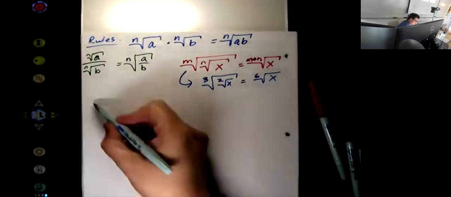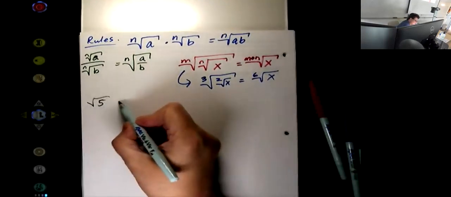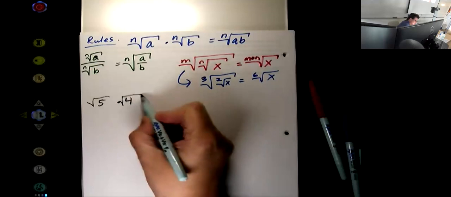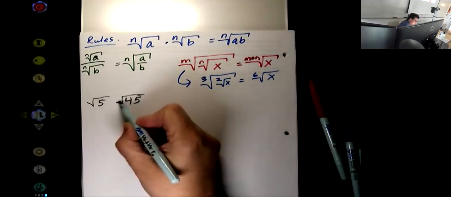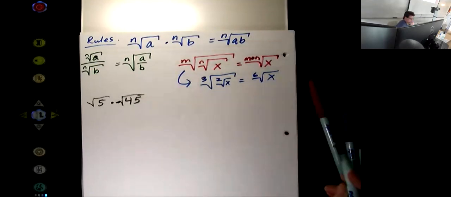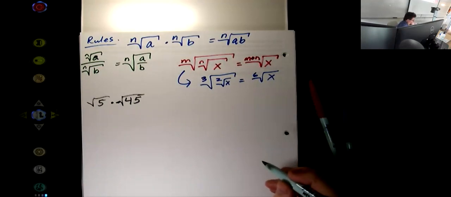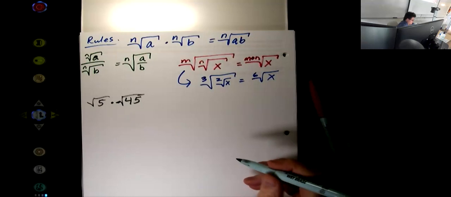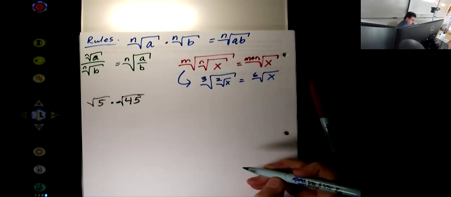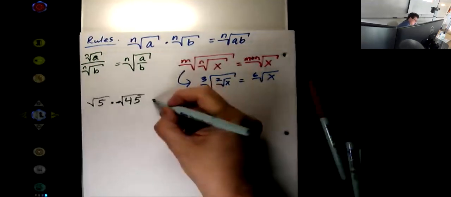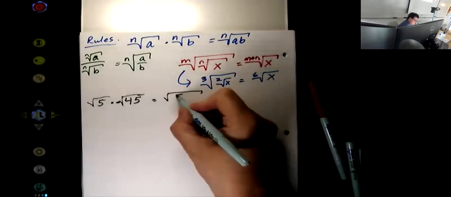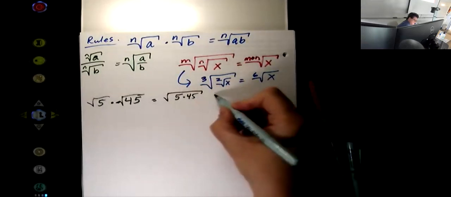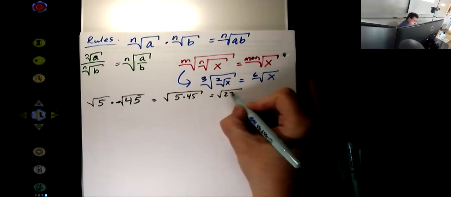Let's do the square root of 5 times the square root of 45. This is the square root of 5 times 45, which is the square root of 225.